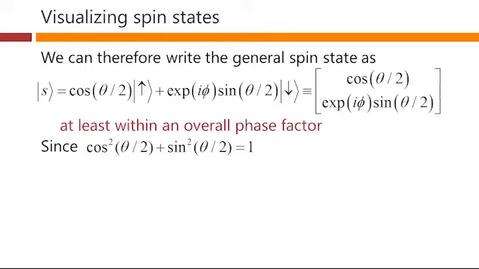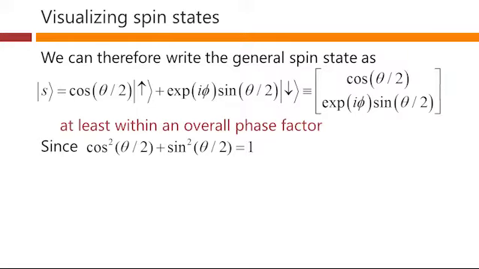Now, in this expression we have here, if we were to take the inner product of S with itself, that is, the bra vector version of S and the ket vector version of S, then we would end up with a cos squared theta over 2 and a sine squared theta over 2. The e to the i phi would be multiplied by an e to the minus i phi in the bra vector, so that would multiply to 1.